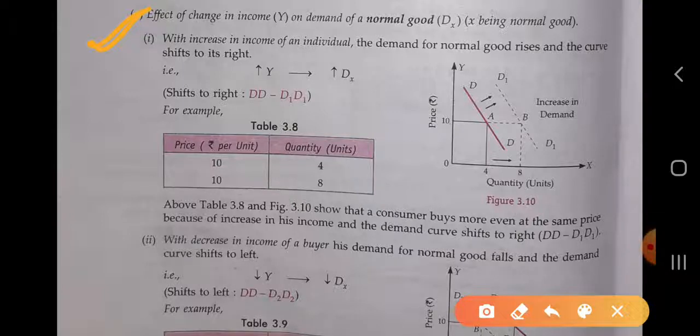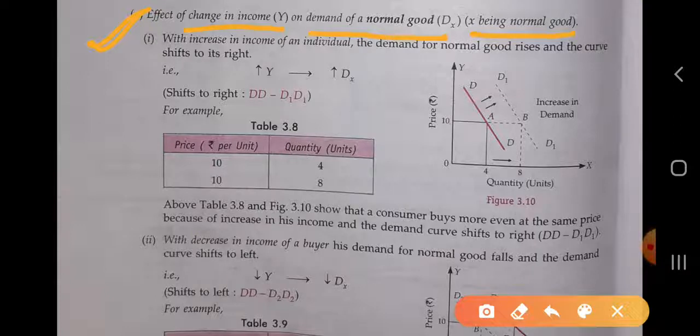We are studying the factors determining individual demand, in which we have studied how the income of the consumer affects the individual demand. First, what is the effect of change in income on demand of a normal good, X being a normal good.